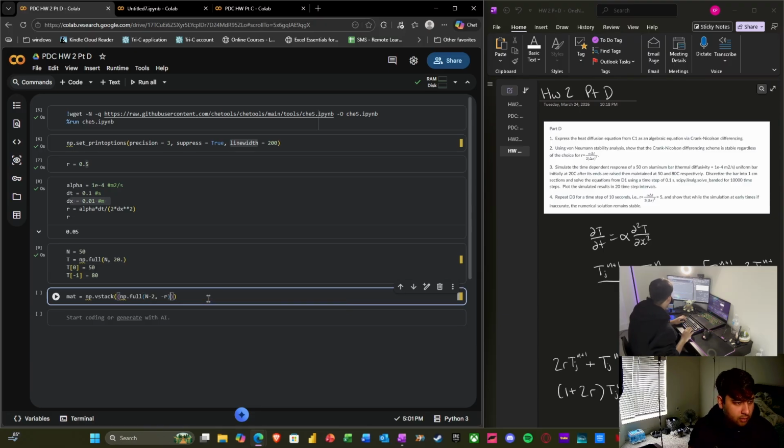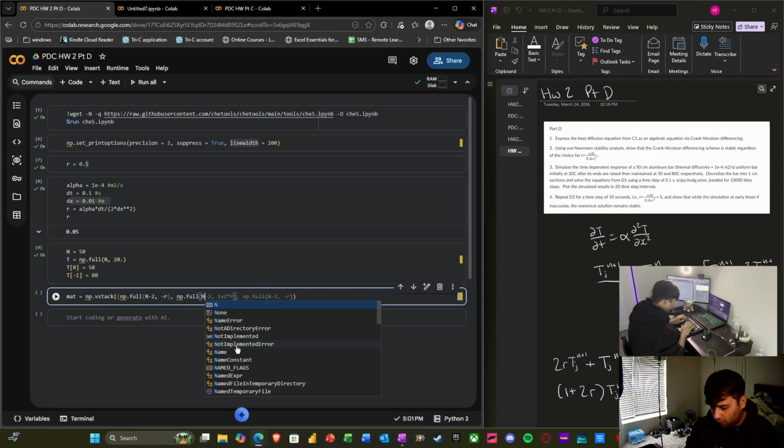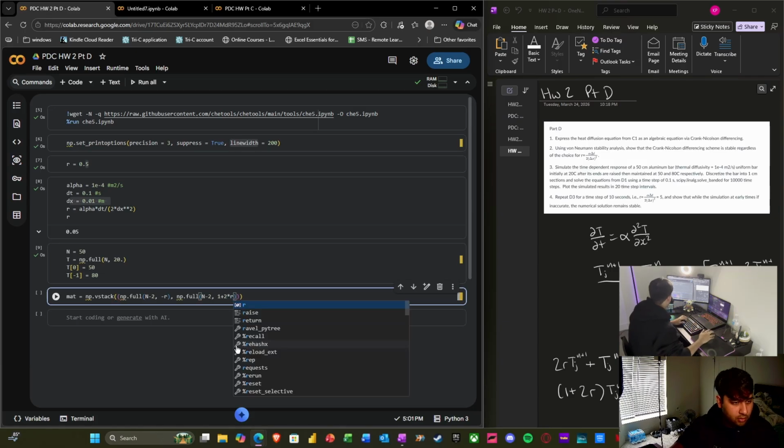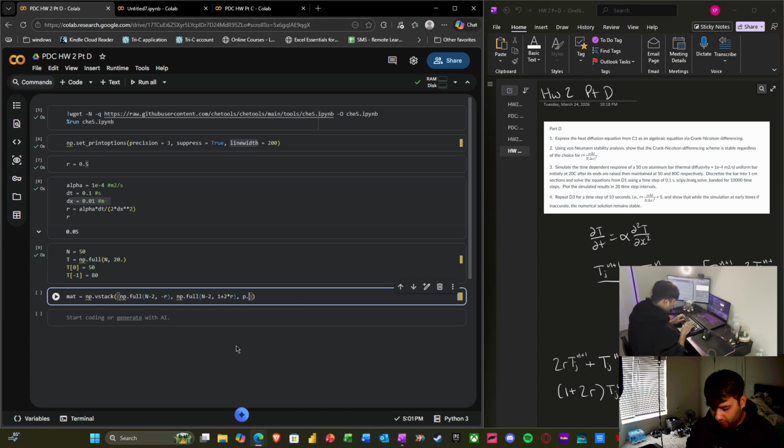R, np.full, and minus 2, 1 plus 2, 2 times R, and then np.full. Gemini got it there.